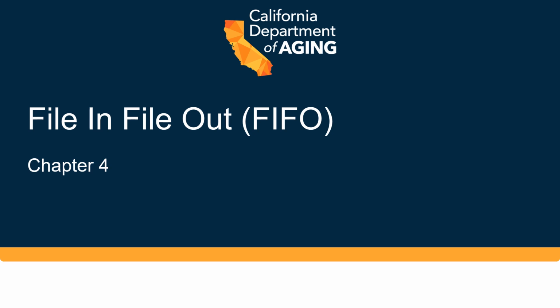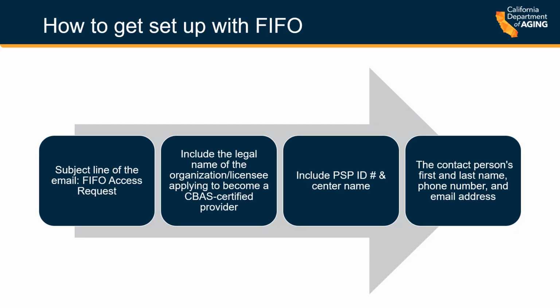In Chapter 4, we will discuss CDA's secure file sharing system called FIFO. To submit your application and obtain access to FIFO, please submit your request to CBAS initial cert at aging.ca.gov and include the following information. In the subject line of the email, write FIFO access request, the legal name of the organization or licensee applying to become a CBAS certified provider, your PSP ID number, the center name, and the contact person's first and last name, phone number, and email address.